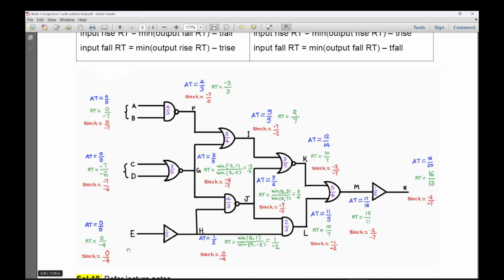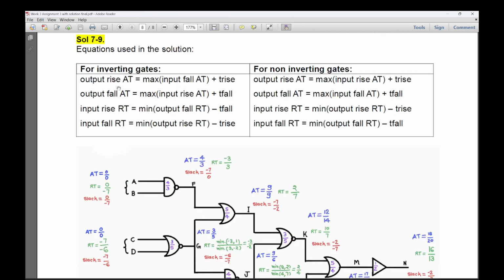Your A, B, C, D, E are the primary inputs, and here the arrival time is 0 by 0 for all the inputs. Then you are adding, let's say this is 4 by 3, then the arrival time at this point is 4 by 3. Similarly, you have to propagate and come to this J node to find the arrival time at node J. For fall, arrival time is 6. All the formulas for inverting and non-inverting gates are provided here. You can refer to this formula to solve this question.